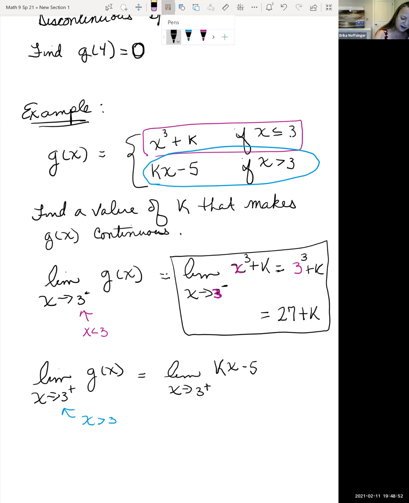So let's go in there and again do direct substitution. It's the x value we're approaching. So wherever we see an x, we're going to plug in 3. So this is equal to k times 3 minus 5.